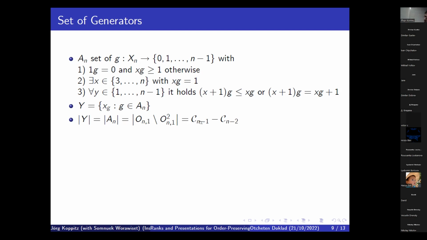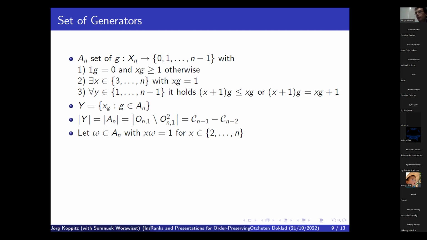And from this set, the cardinality is known. I already mentioned this one. So that means we know the cardinality of the set of variables. It is the difference of both Catalan numbers, Cn-1 and Cn-2. So that means this should be our set of variables. Now we are looking for the set of relations.